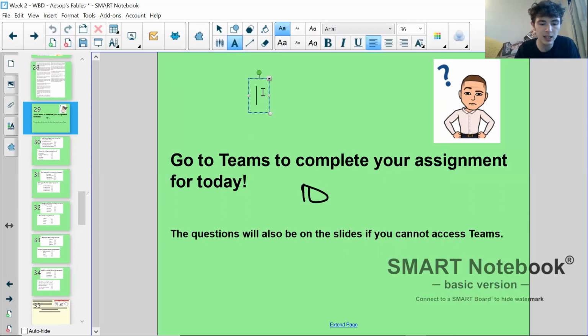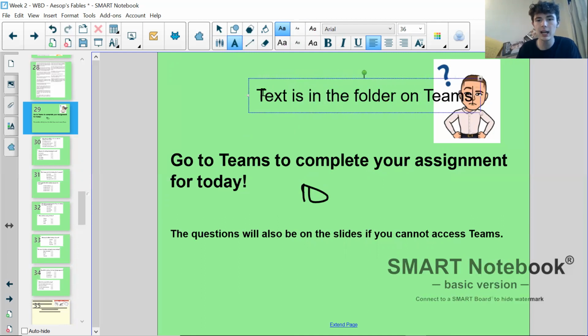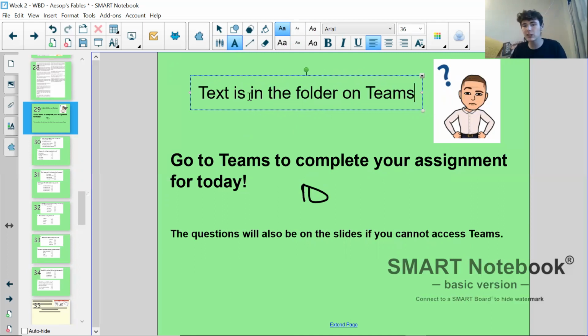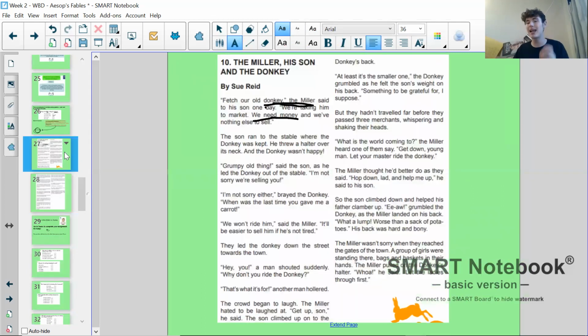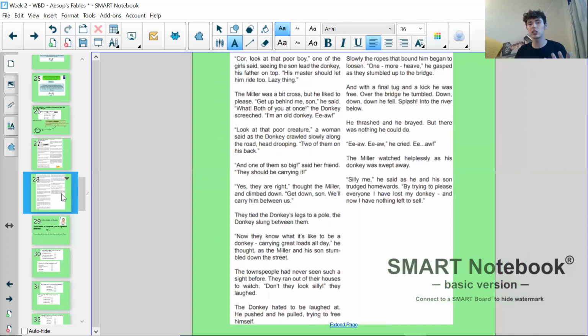Don't forget the text is in the folder on Teams, okay? So if you need to look at the text, which you obviously will, then it's in the folder on Teams. I did read it out. It was played to you yesterday, so I'm not going to read it again today. If you would like to read it, feel free. The sheets are right here, and you're able to do it there.